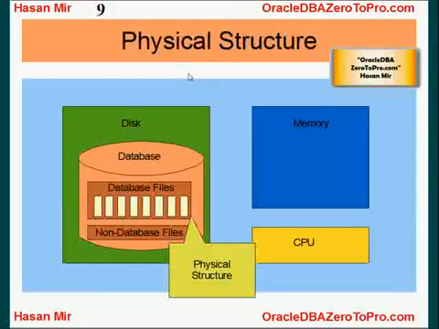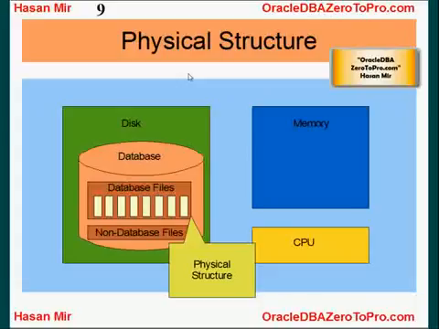Let's talk about physical structure. Now all these database files, this collection of database files, have a physical structure. They can be broken down into separate files. For example, data file 1, data file 2, data file 3, redo log file 1, redo log file 2, archive log file 1, etc. So this whole collection can be broken down into physical units.